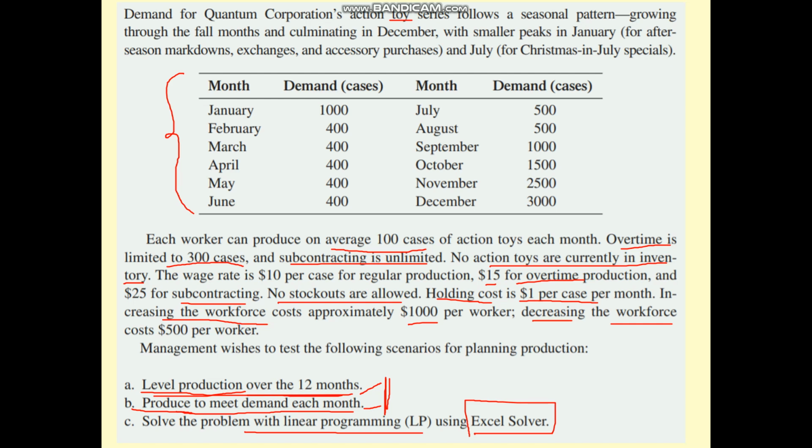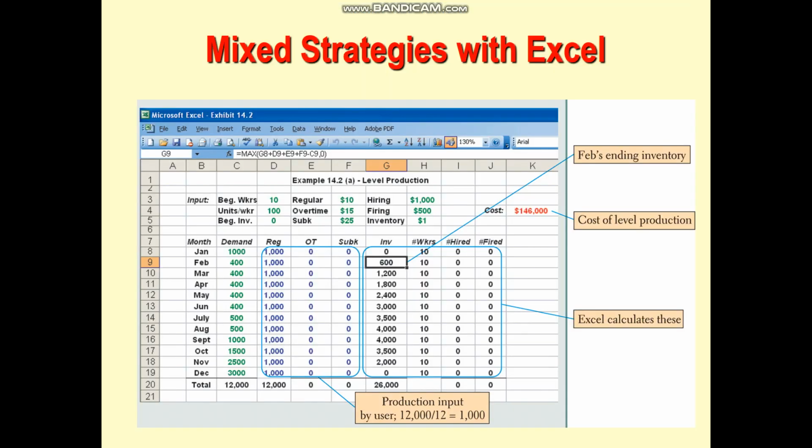But here, due to the limited time, I will just teach you how to use Excel solver to solve LP problems. If you are interested in coding with Cplex, feel free to do some research about it, and if you have any questions, feel free to ask me. I can teach you how to use Cplex to solve this problem.